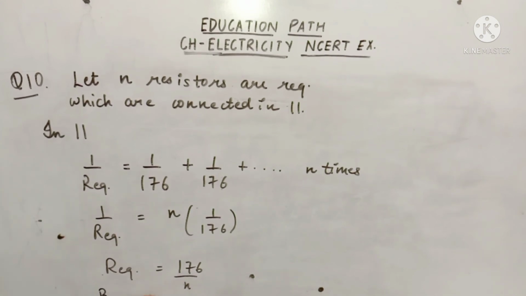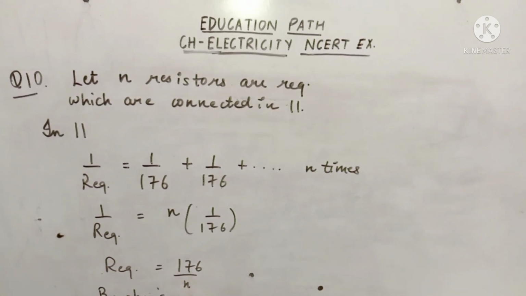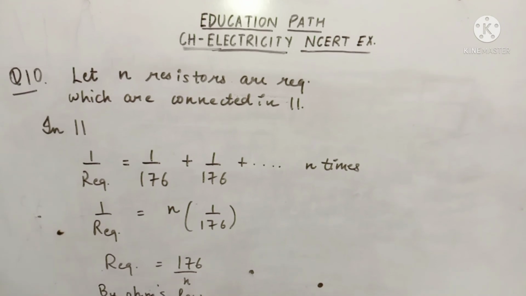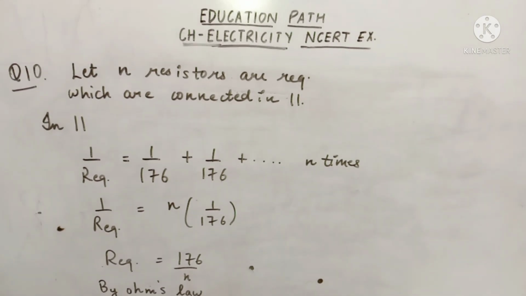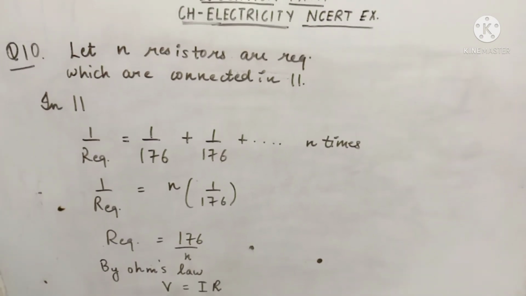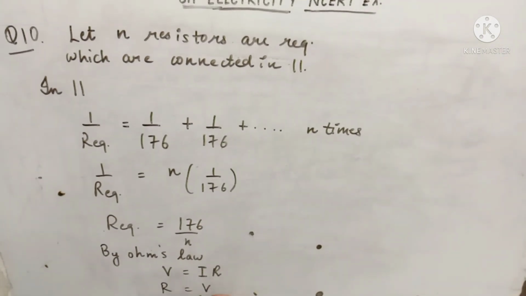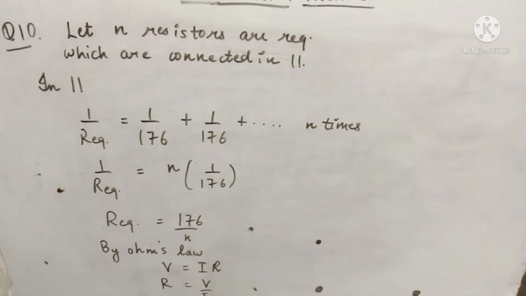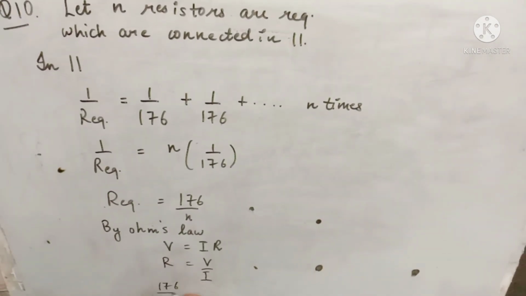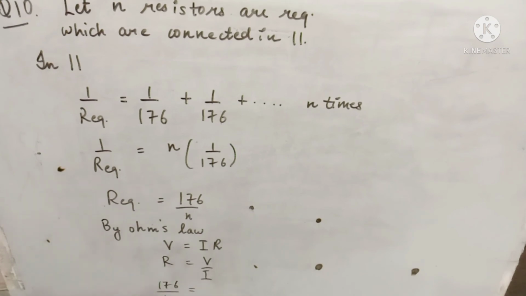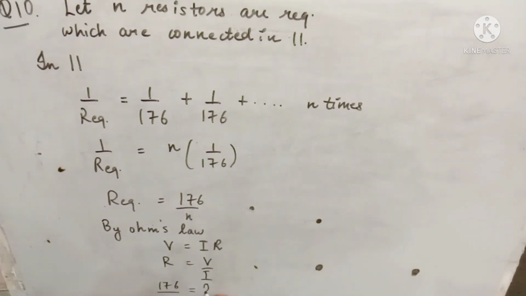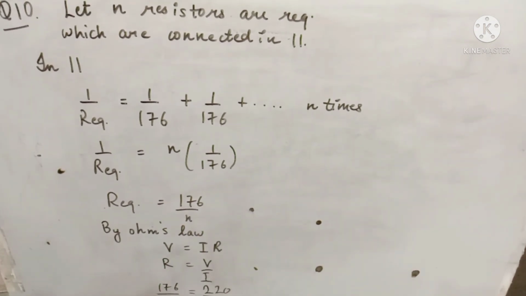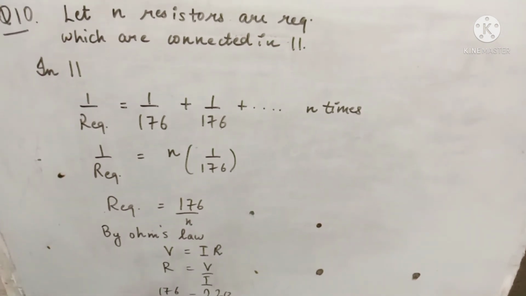Now by Ohm's law, V equals IR. R is V upon I. R, which is 176 upon n, equals voltage, which is given 220, upon current, which is given 5.